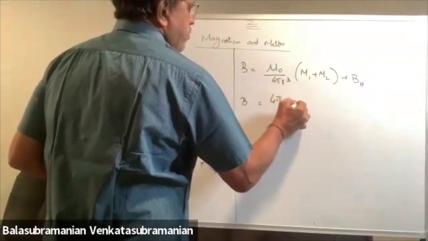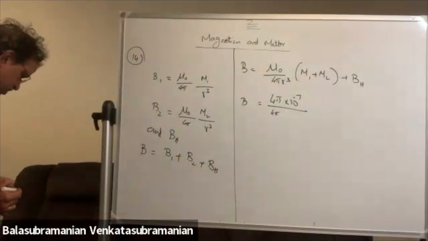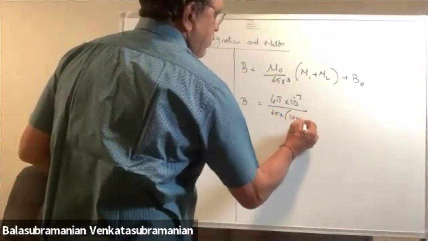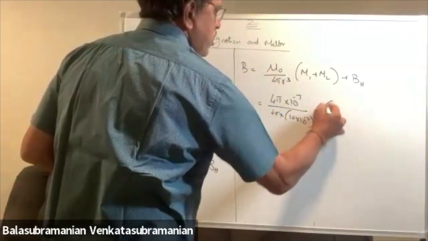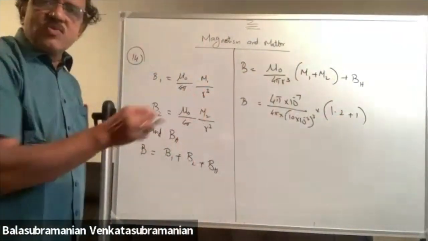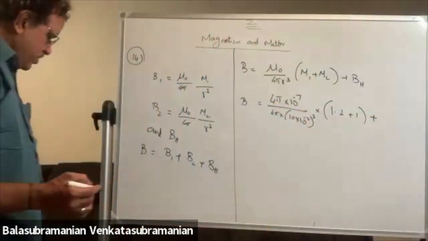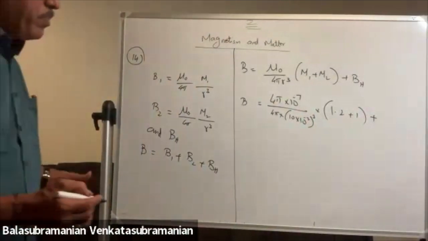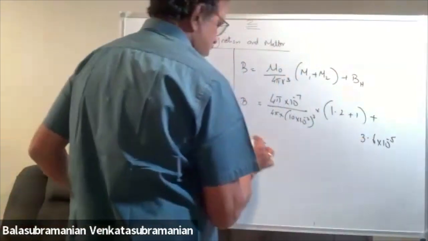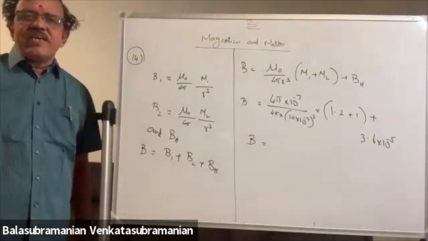4 pi into 10 power minus 7 by 4 pi into the distance 10 into 10 power minus 2, the whole cube, into 1.2 ampere meter square, 1 ampere meter square, that is the data given, plus earth magnetic field 3.6 into 10 power minus 5 Tesla. Some cases they will write 3.88 into 10 power minus 5 Tesla.